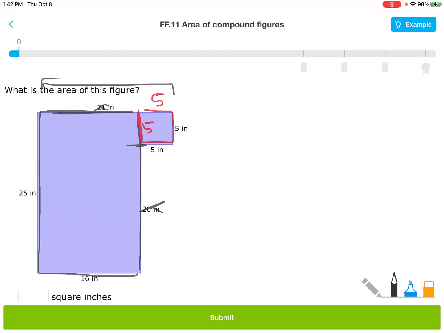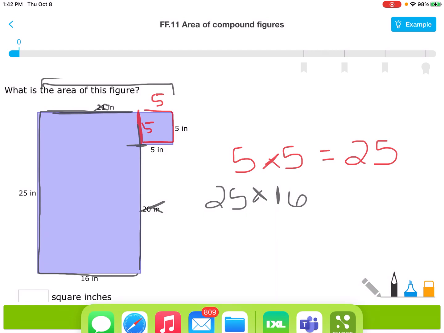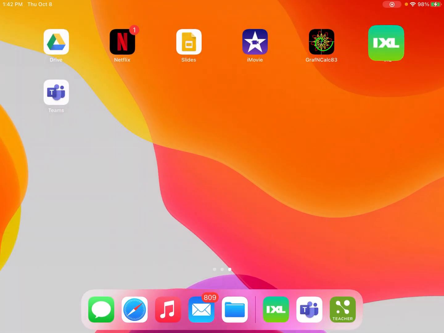So when you go to find the area for the red square, you would want to do 5 times 5, which equals 25. For the black rectangle, you're using 25 times 16. And remember, you can use your calculator for this. It is totally fine to use your calculator.